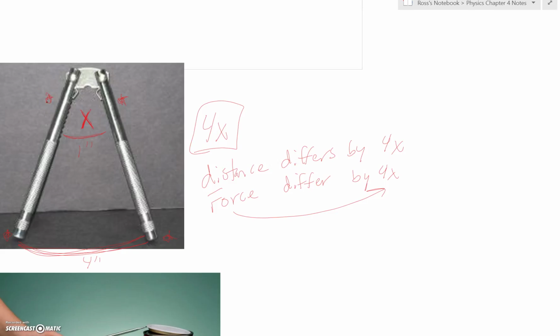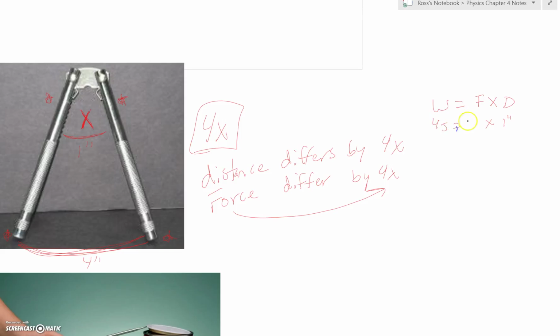So to look at this mathematically, if work equals force times distance, without the lobster crackers, the distance would be 1 inch that we are applying the force, if we grab them up top. And let's say the work is 4 joules.